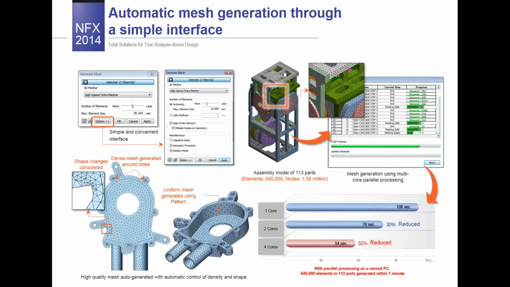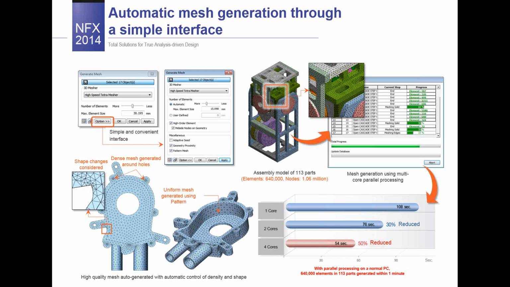Solid meshing, or let's say 3D meshing, will be performed using very effective automated mesh generators. And because midasNFX is working as a 64-bit application, the time needed for this discretization process will be less.